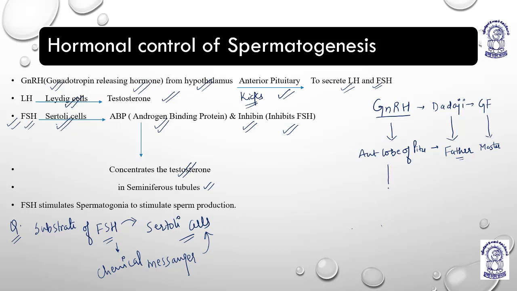Then this anterior lobe of the pituitary further controls the gonads by secreting FSH and LH. So the anterior lobe of the pituitary helps to secrete FSH and LH. LH will work on Leydig cells, and FSH will work on Sertoli cells.